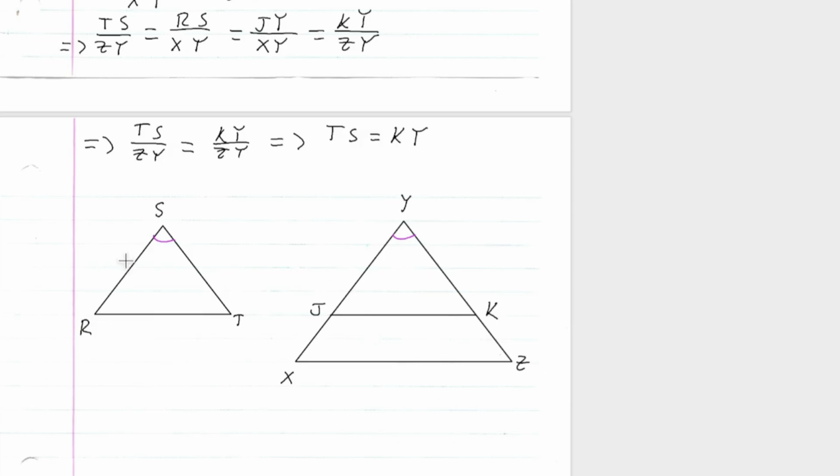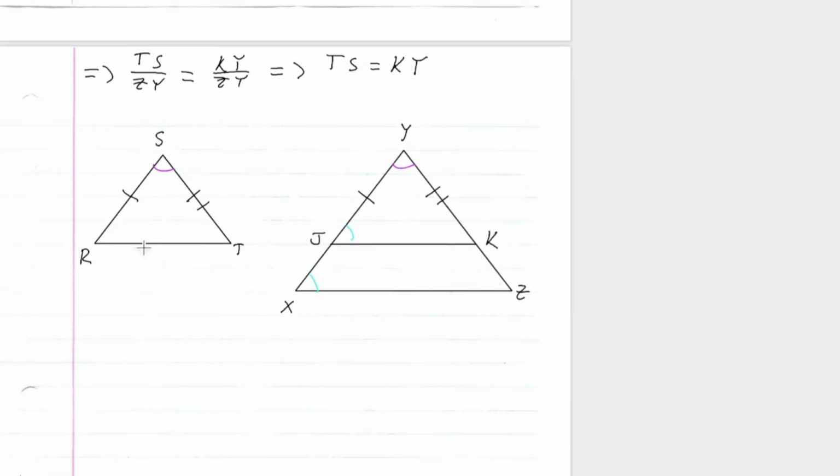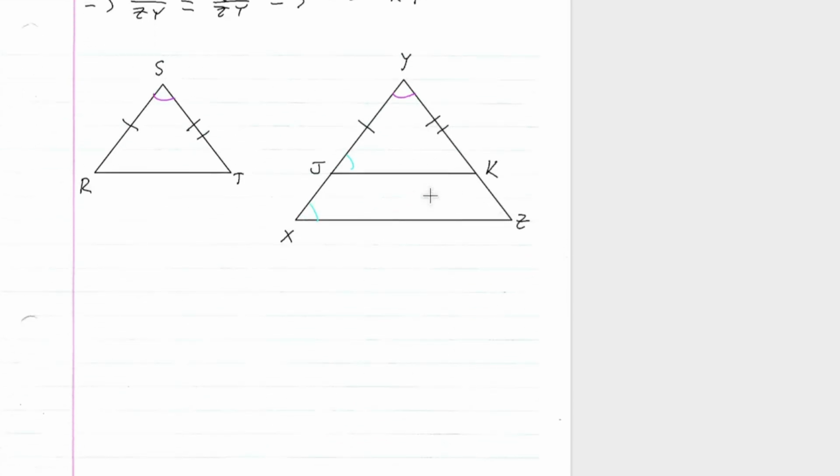So what we have is RS is congruent to JY. Remember, we had these over here. So we also have that TS is congruent to KY. So we have enough to show that triangle RST is congruent to triangle JYK by the side-angle-side congruency theorem. So I know that RS is congruent to JY.